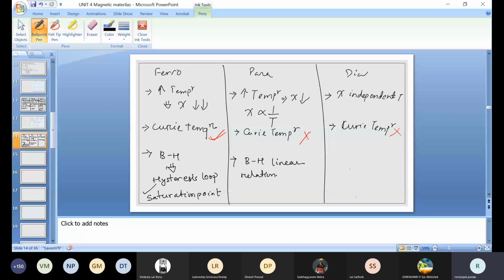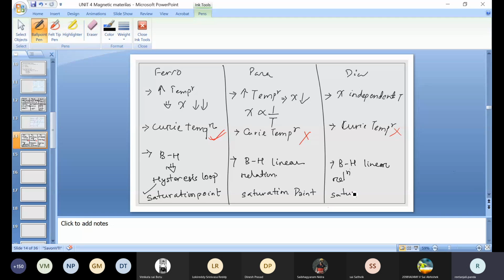But in case of diamagnetic material, this B and H will also have a linear relationship. But what is the difference between these two relationships? In paramagnetic material the saturation point will be there, but in case of your diamagnetic material, we will not be able to see the saturation point.